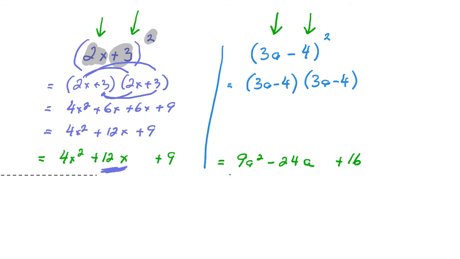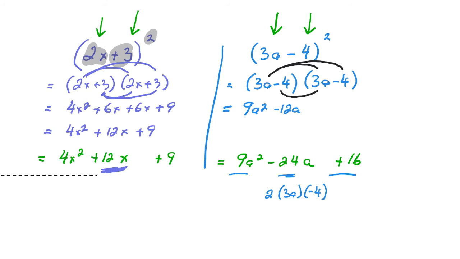Notice that the first and the last terms are positive, and the middle term is twice the first and the second. Let's go ahead and expand it just to prove that it works this way. So 3a times 3a is the 9a squared. 3a times negative 4 is negative 12a.